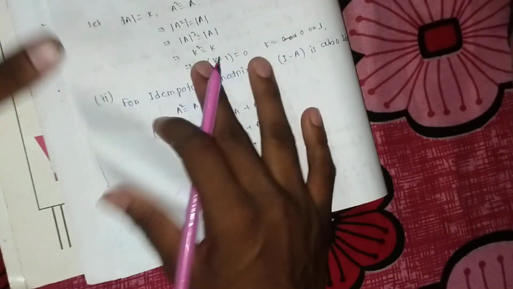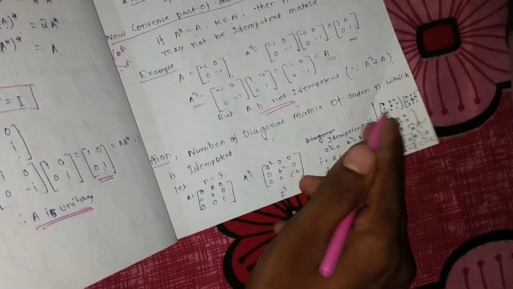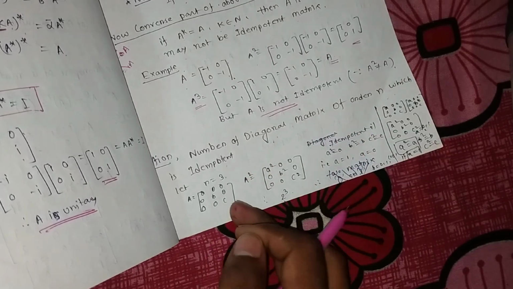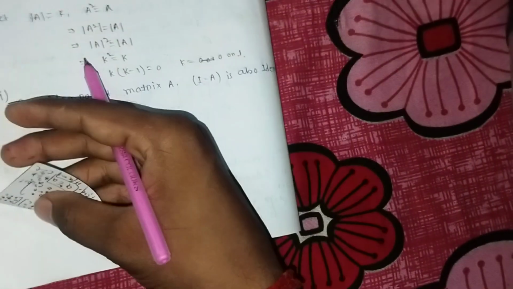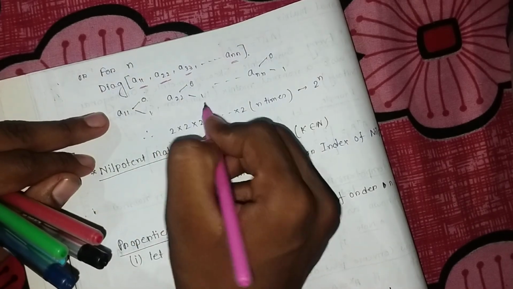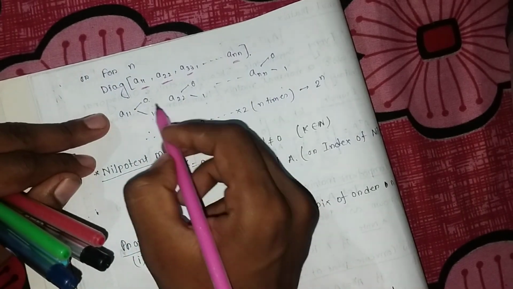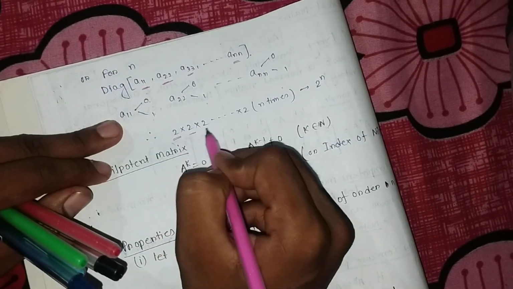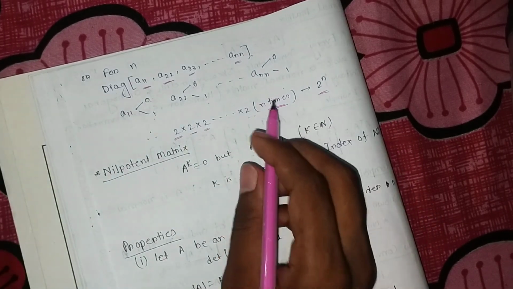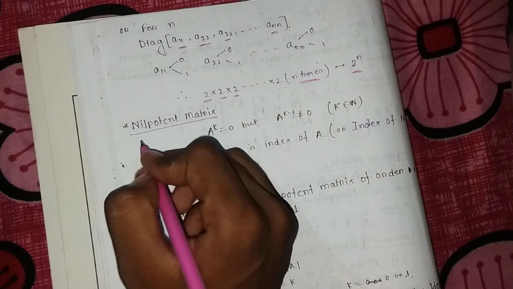Am I right? Why? Because for idempotent, it can be 0 or 1, 0 or 1, 0 or 1. So the possibility of a11 is 2, this is also 2, this is also 2, so this is n times, so 2 to the power n.